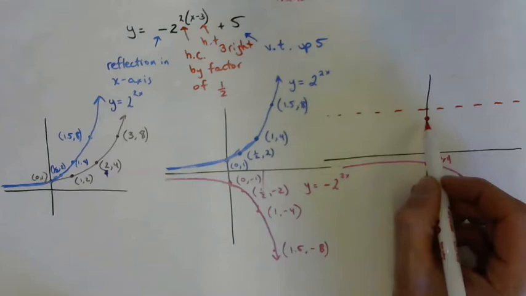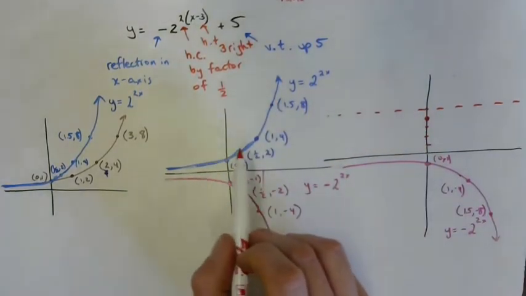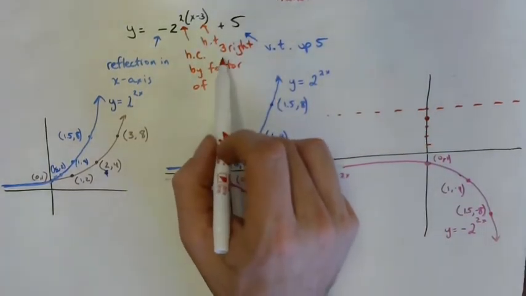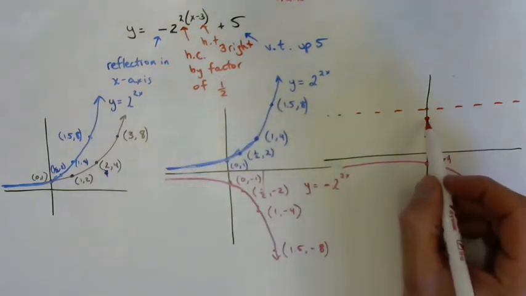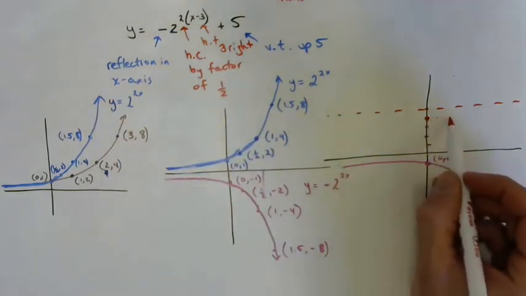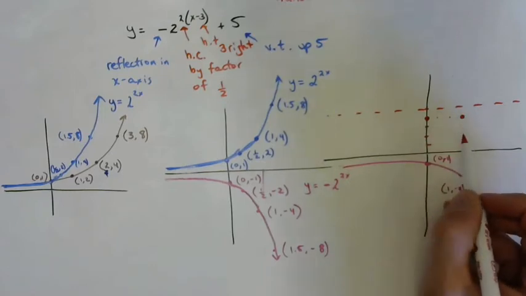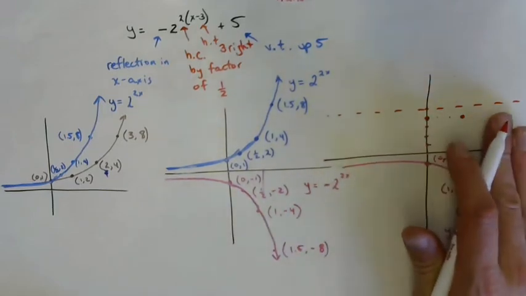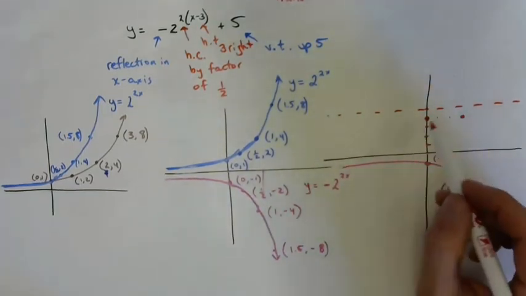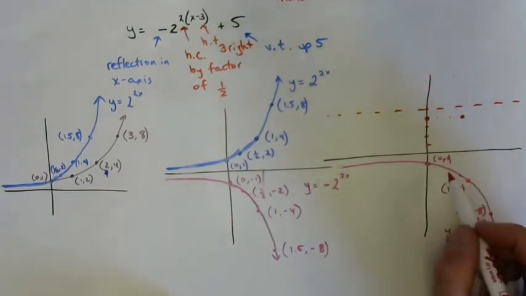But we also need to move this to the right 3 units. So instead of going through 0, 4, it's actually going to go through 3, 4. So this whole thing moves up, and then it moves over to the right, and we try to keep the same curve. If you want to, you can change all your coordinates.